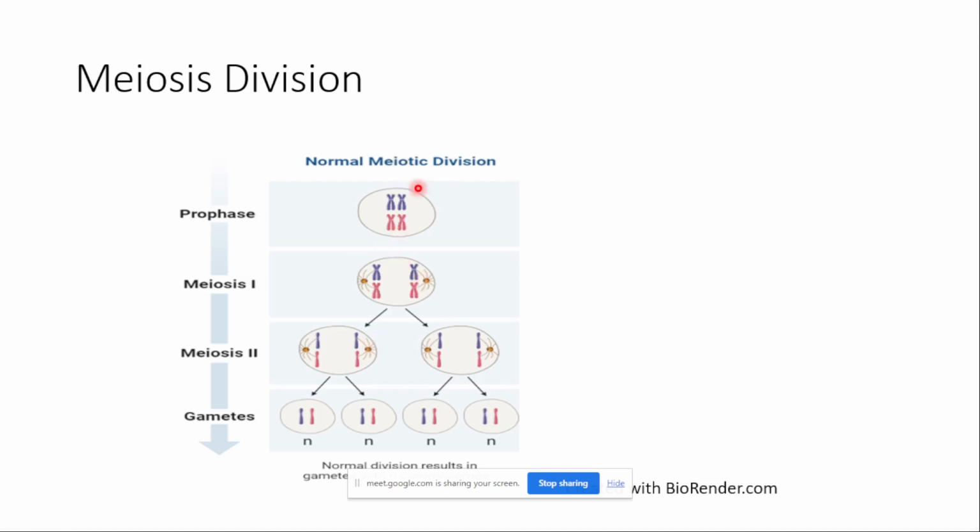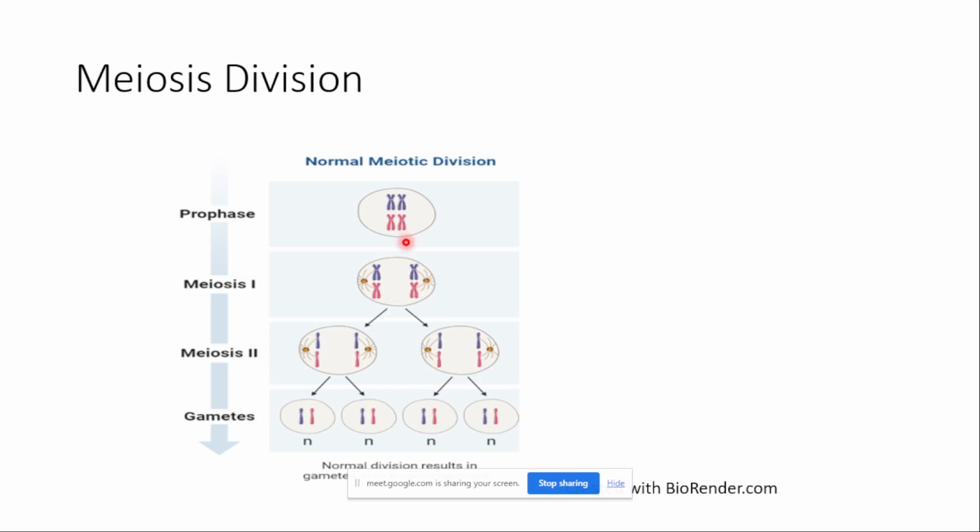So here you can see that in prophase the homologous pair of the chromosomes has been aligned with each other. After metaphase, we can see the formation of the spindle pole and the projection of the spindle fibers from the spindle pole and the attachment to the kinetochore. Now you can see that these two chromatids are being pulled by this end, and these two chromatids are being pulled by the other end, right?